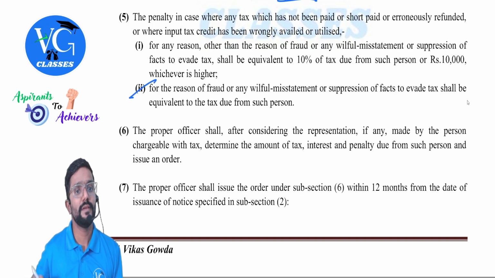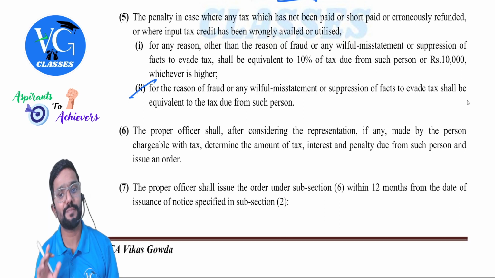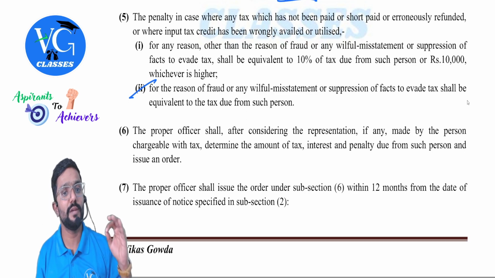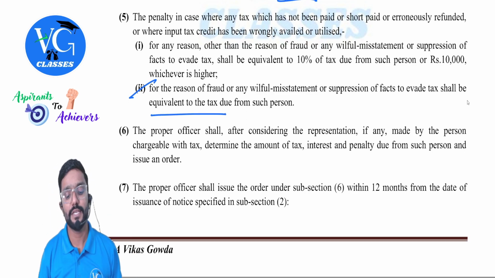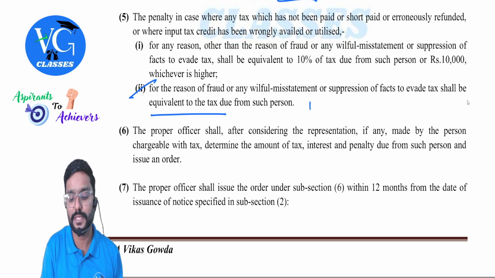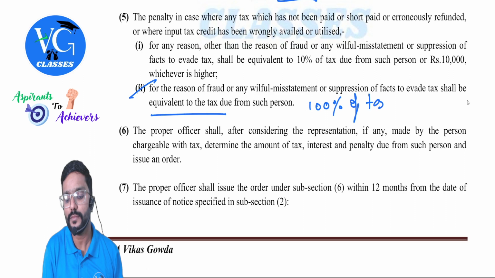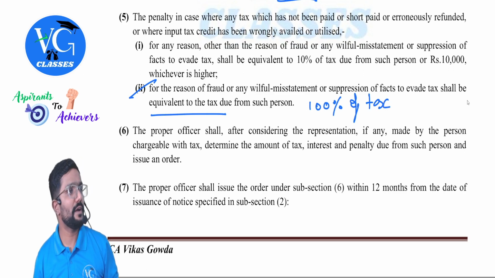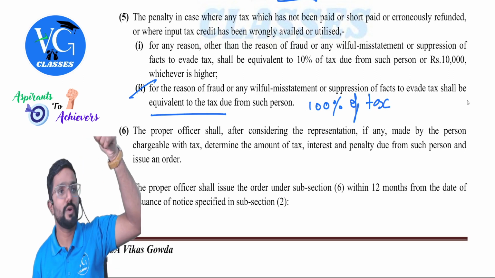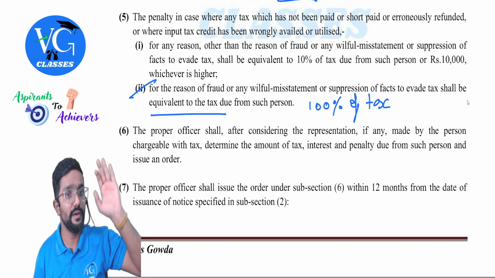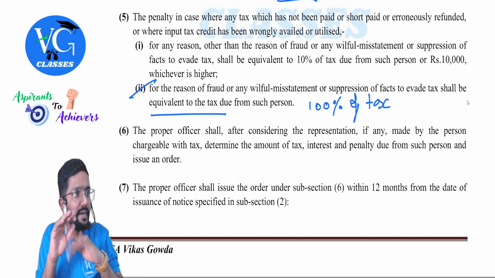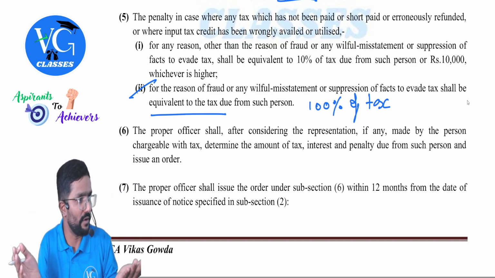Second one. For the reason of fraud or any willful misstatement or suppression of fact to evade tax shall be equivalent to tax due from such person, in simple 100% of tax. 100% of tax amount. Got it? Yes. Please be careful. Here in subsection 5, they have segregated fraud, other than fraud.